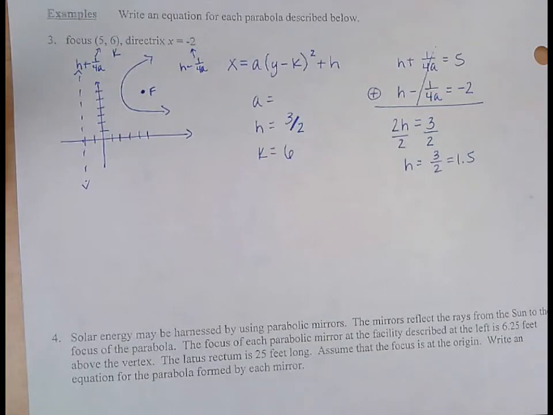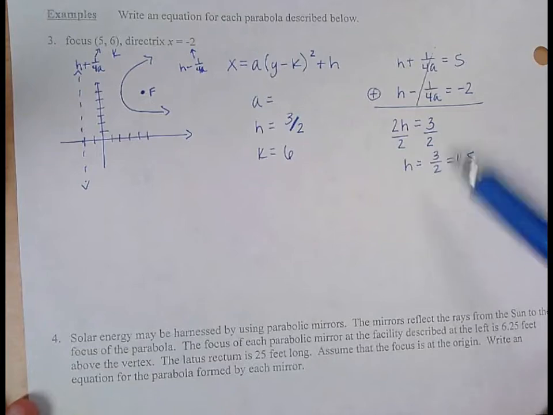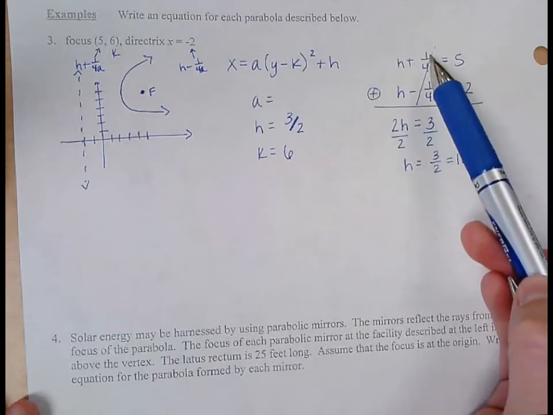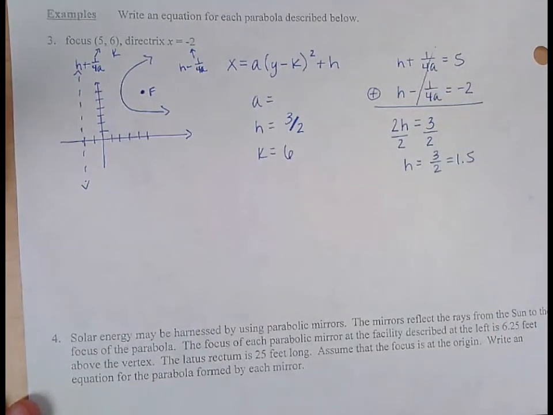And then now that we have h, how could we find a? How would we find a? Yes, using one of these. I would probably use the one that was plus 1 over 4a. That's just my preference.